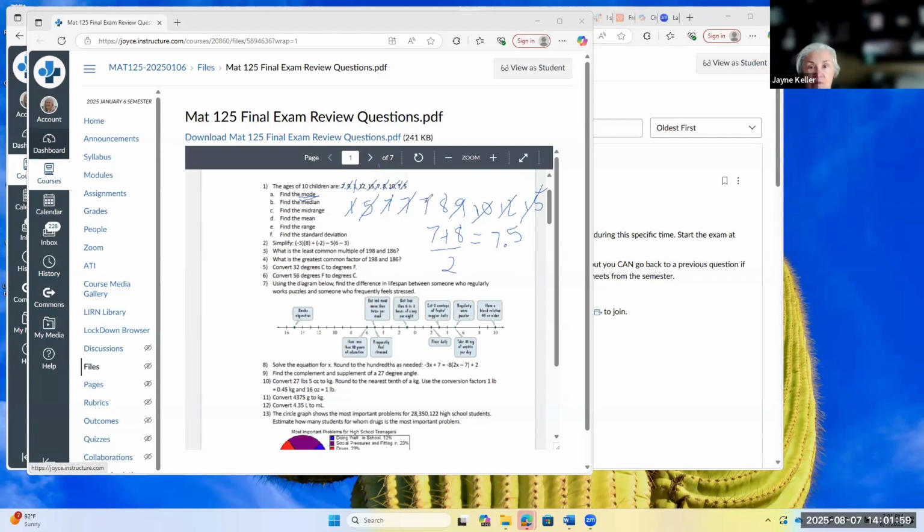And then we have to find the range, we're just subtracting, right? The biggest one is 15. The smallest one is 1. So the range is 14. So just the biggest one minus the smallest one. What about the mid-range? For the mid-range, we just take the range that we just calculated and divide it by 2.